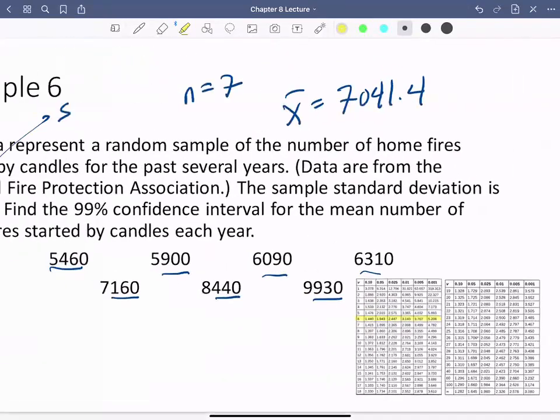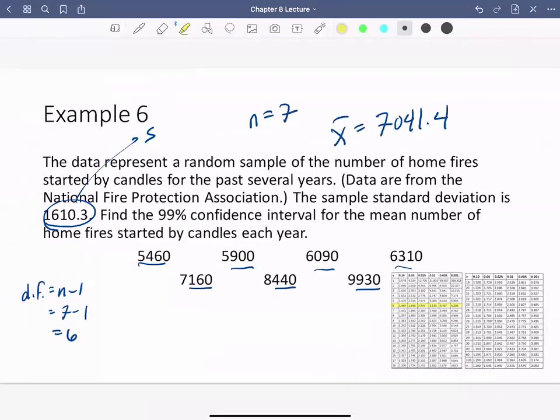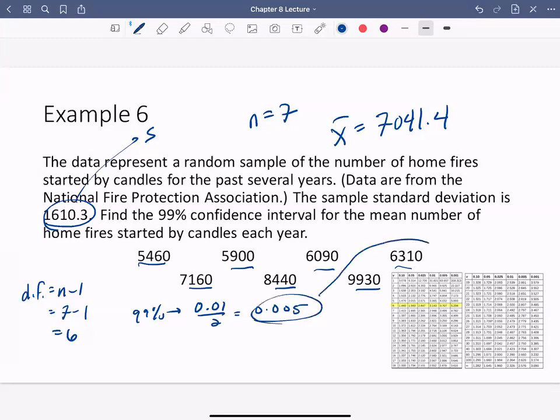And we know that we have a 99% confidence interval. So if we have 99%, we're left with 0.01. Divide that by 2, and you get 0.005. This is what we're looking for, which is going to be that column right there.